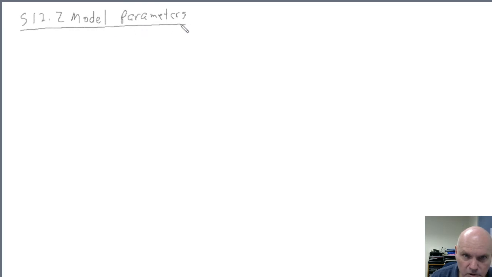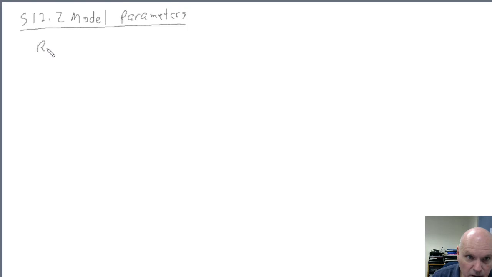So let's look at how to calculate the parameters of the regression line. The formulas here are a little bit nasty, so you'll find them in your book, in section 12.2.